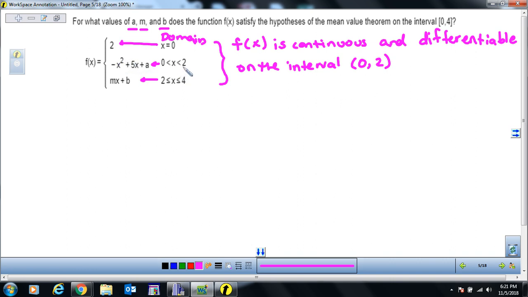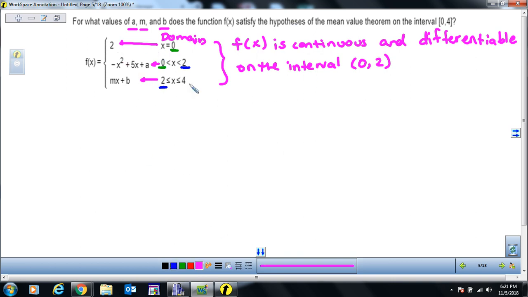The thing is that 2 is not a value that is defined on this equation. When x would be 2, you have to skip over to the last equation, right? Because here the 2 is included. So there's a discontinuity there at 0, and there's also a discontinuity at the number 2, because it's defined on some equations, but it's not defined in other ones.